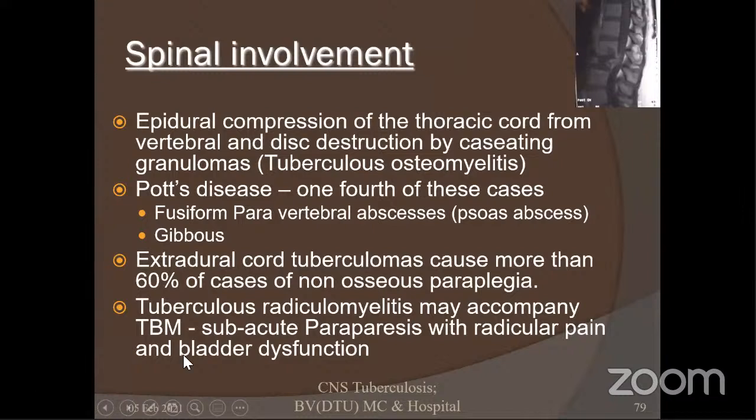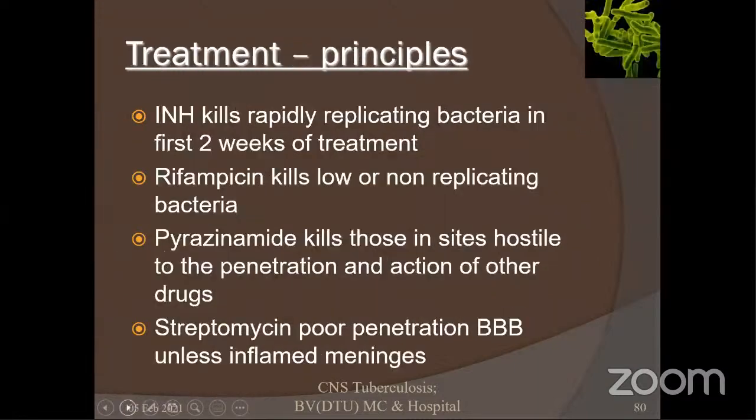Extradural cord tuberculomas cause more than 60% of cases of non-osseous paraplegia. Tuberculous radiculomyelitis may accompany TBM, with subacute paraparesis, radicular pain and bladder dysfunction. So examination of the lower limbs, the reflexes, and looking for radiculomyelitis is an important clinical assessment in all cases of tubercular meningitis.